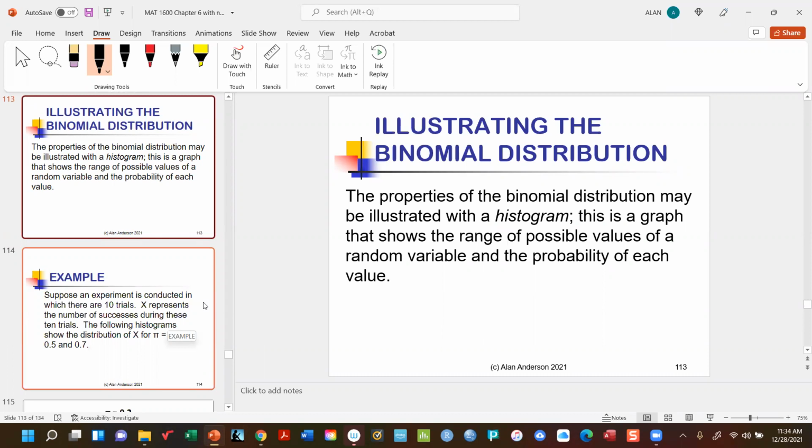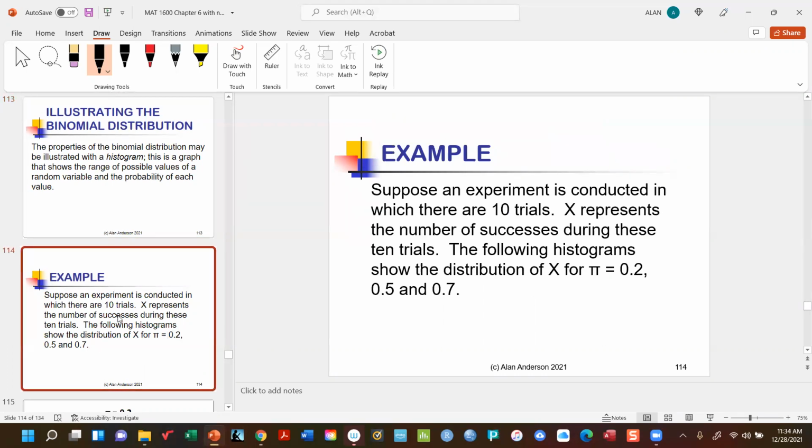So what we're going to do here is assume that we're conducting an experiment. Let's say we're flipping a coin 10 times, and let's say X represents heads. Actually, no, it can't be heads. I just realized it has to be something different because the probabilities are all going to change.